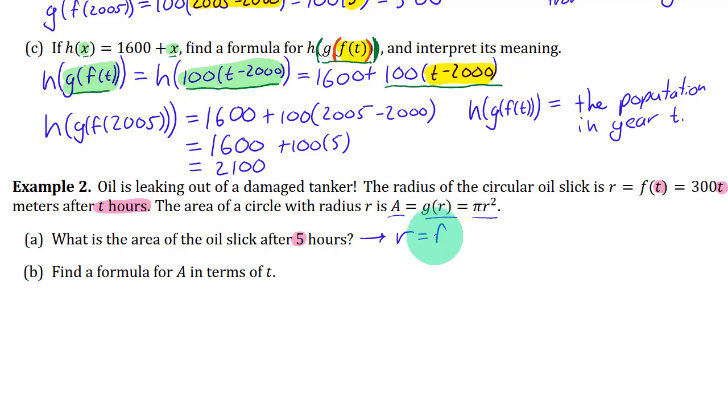The radius is going to be f of 5, and that will be 300 times 5, which is 1,500 meters. So that's the radius after 5 hours. Once you know the radius at that point, we can find the area. So the area is going to be the result of the function g, but when you plug in the radius of 1,500 meters.